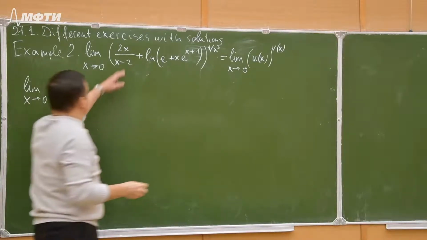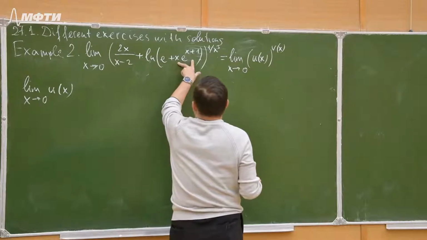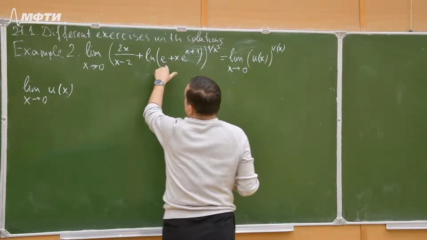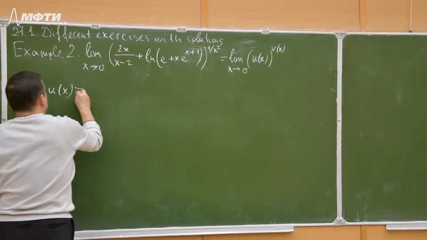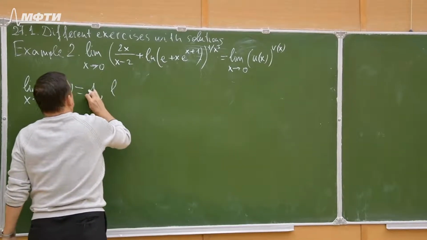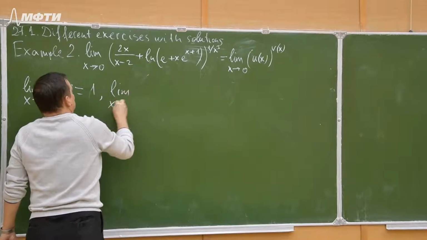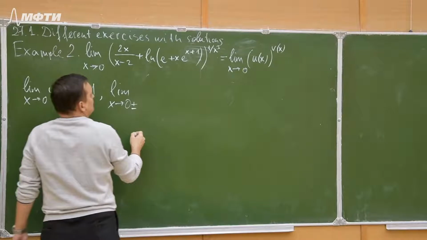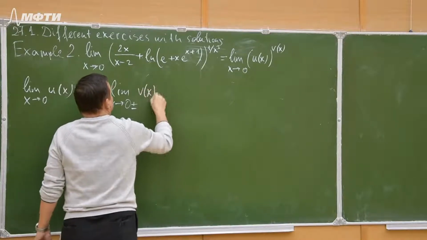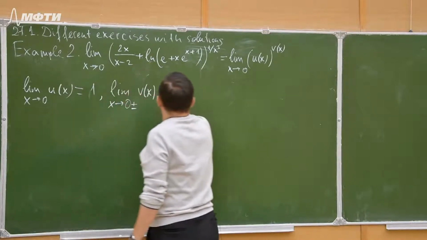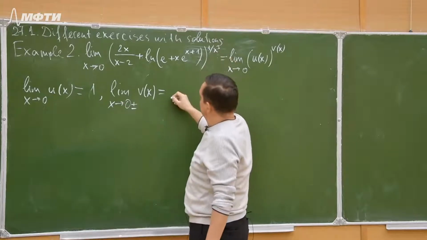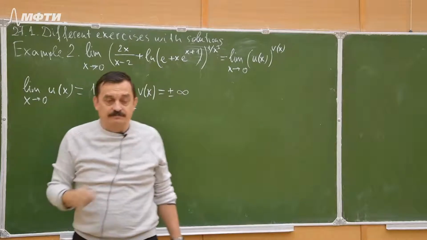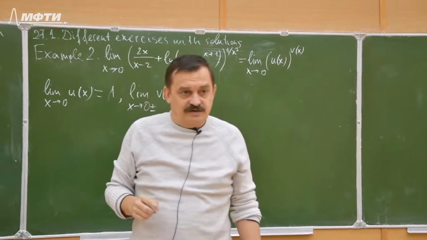If we substitute 0, then we have 0, logarithm e is 1, so the base is 1. Limit as x tends to, let's say, 0 plus or minus, of v of x equals 1 over x cubed tends correspondingly to plus or minus infinity. Okay, let's have a break then.